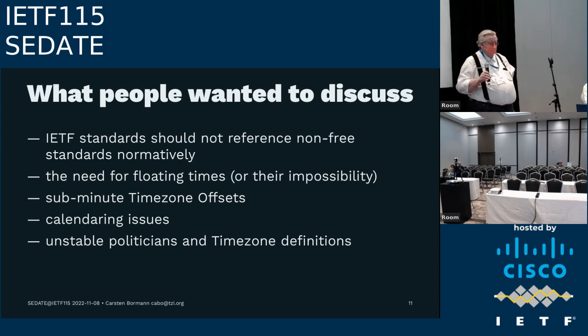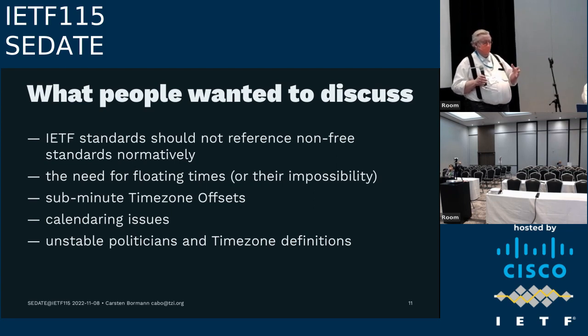Then people brought up calendaring issues. What if I plan a meeting next year in the summer and say, well, it's supposed to be 1400 afternoon. And then my government goes ahead and finally implements the decision to get rid of daylight savings time or summertime, yeah, then what happens to my meeting? The UTC timestamp I may have computed for that meeting is no longer going to be right.